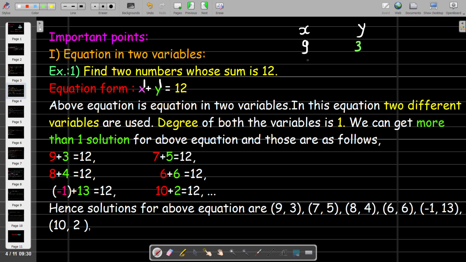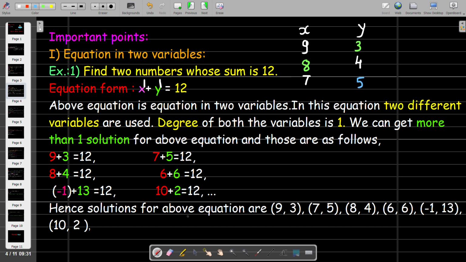If you take x is equal to 8, then the value of y is equal to how much? 4. If we take the value of x is equal to 7, then we will get the value of y is equal to how much? 5.